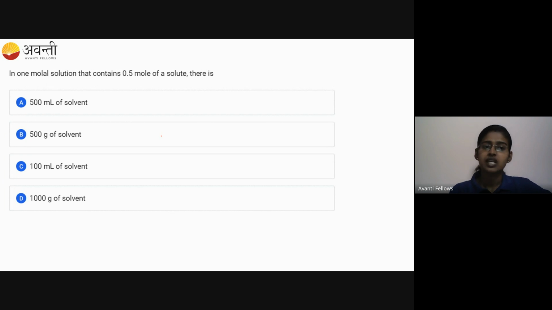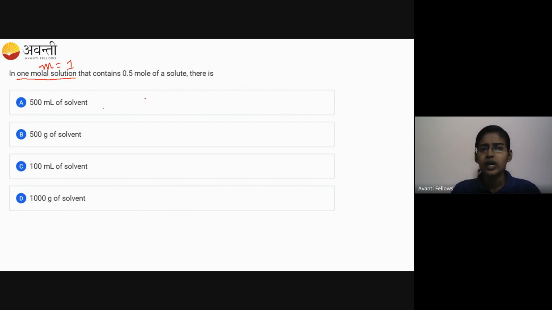So what is molality? Molality means the number of moles of solute divided by mass of solvent in kilogram, right? So the number of moles of solute dissolved in 1 kilogram of solvent is nothing but the molality. Now in the question, it is given that 1 molar solution. So molality is already given as 1.